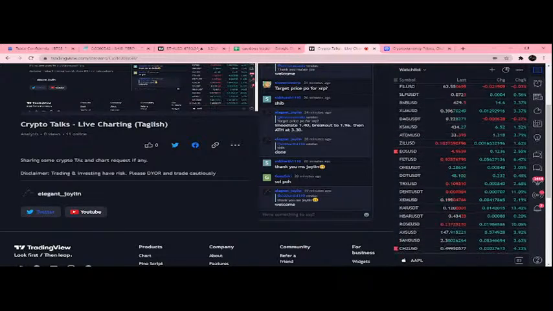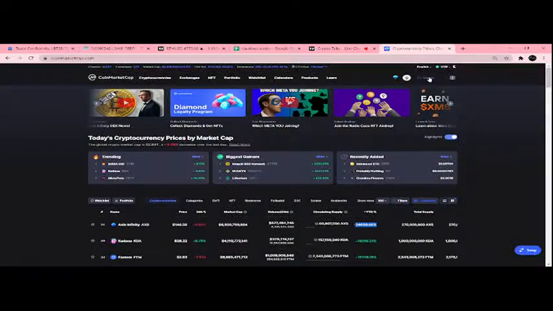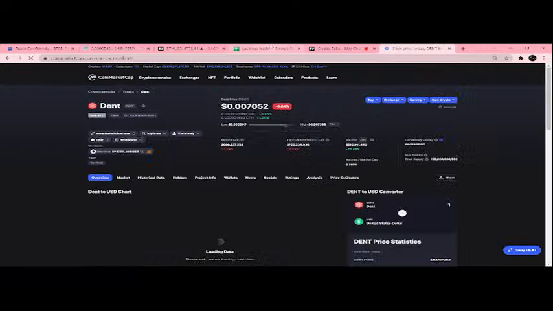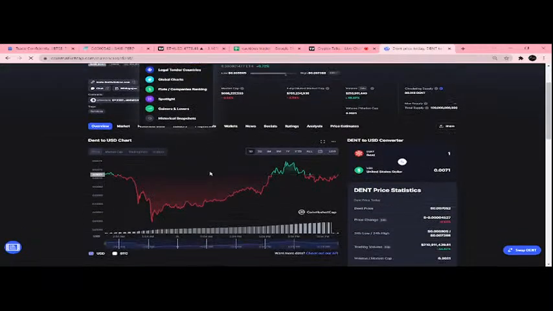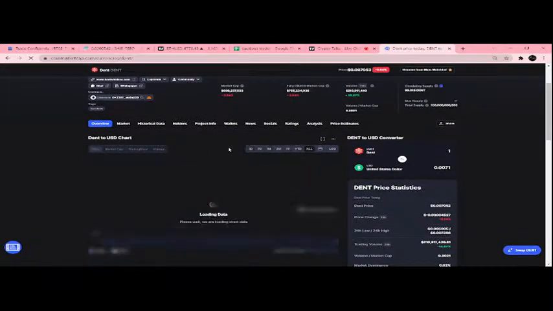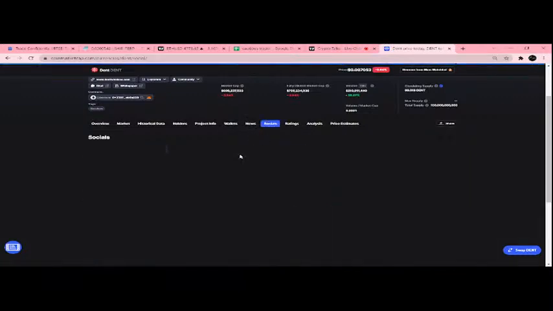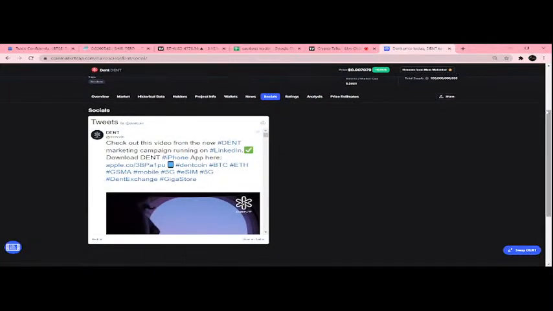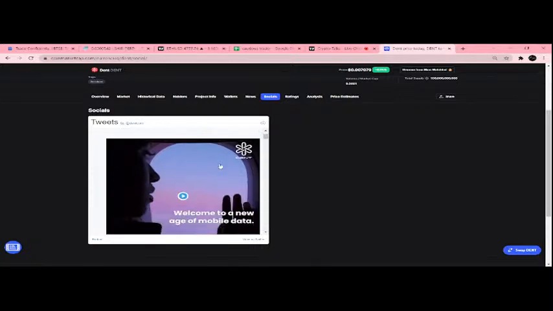Dent, what happened to Dent? Actually, I'm trading Dent. I think last time I longed it and then I shorted it. I just don't know what's the update. Let's look at the socials. Some of which actually I settled in Dent because it's also available in FTX.